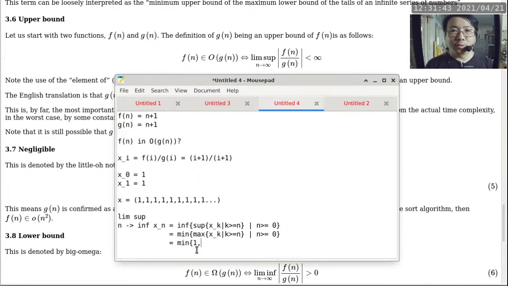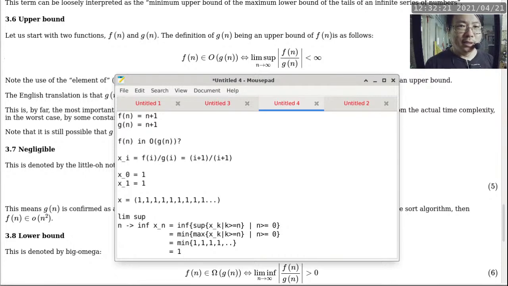In other words, this one is the maximum of all of these ones. This one here is the maximum of all of these ones, everything except for the first one. This one is the maximum of all of these ones except the first two. And this one is the maximum of all of the ones except for the first three, and so on. So we can see that, oh, this is silly. This is just silly because that's just one.